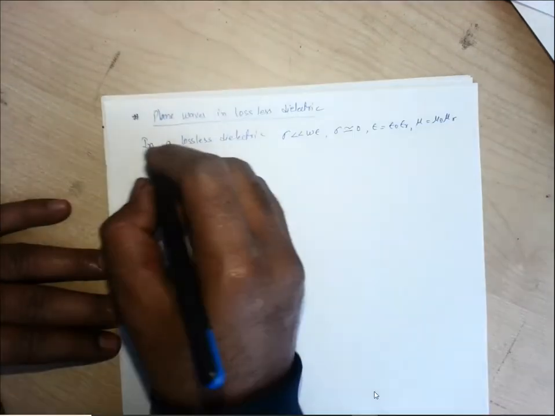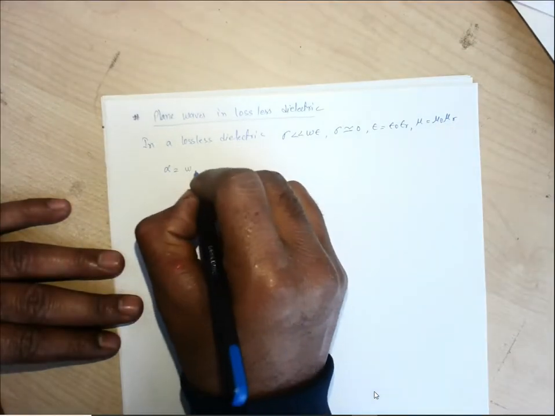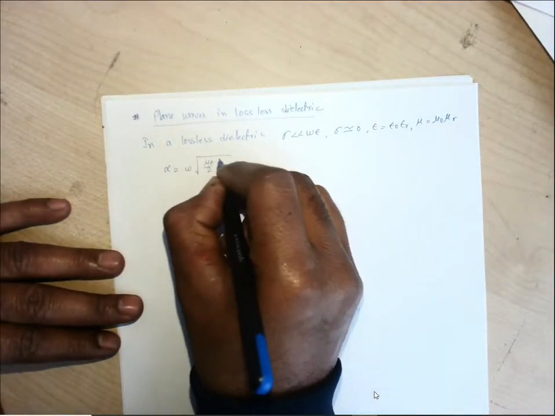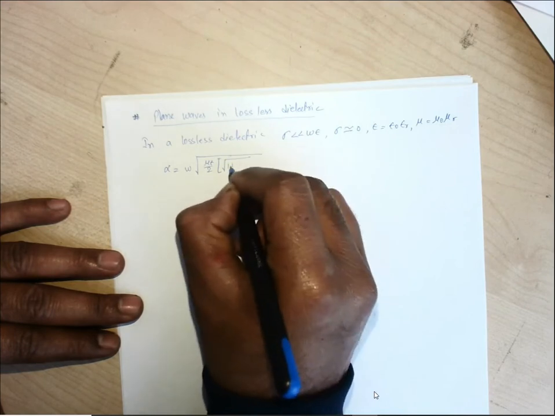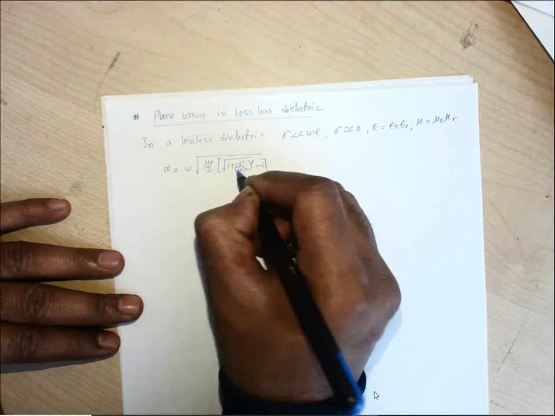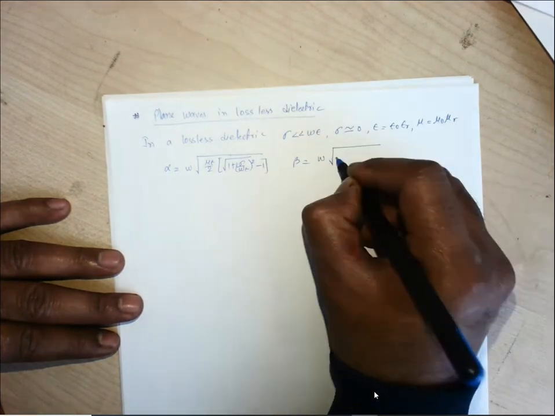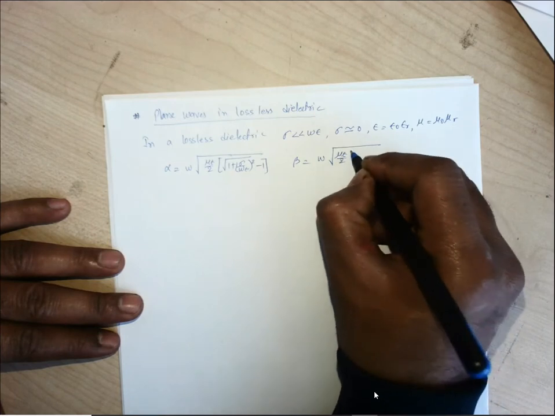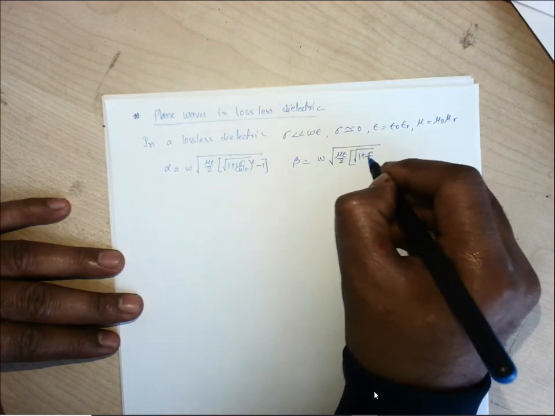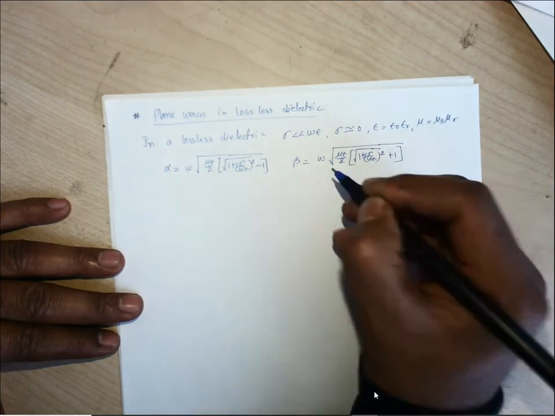For a lossy medium we have already derived the value of alpha as omega root over mu epsilon by 2 into root over 1 plus sigma by omega epsilon whole square minus 1, and beta is omega root over mu epsilon by 2 into root over 1 plus sigma by omega epsilon whole square plus 1.